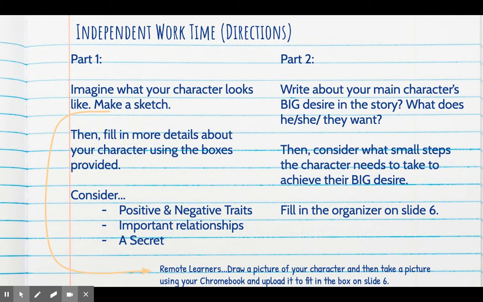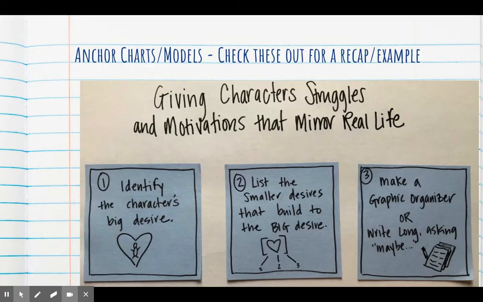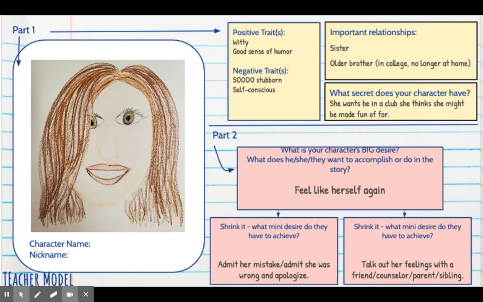What is their big desire? From there, once you've thought about what is their big desire, and I'll share an example coming up, we want you to think about the small steps that your character might need to take in order to achieve that bigger goal. So, what we are going to do is fill in the organizer on your slide coming up.